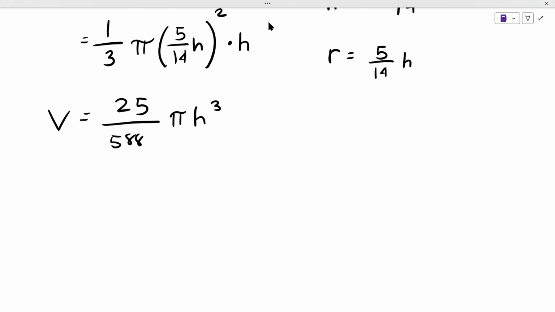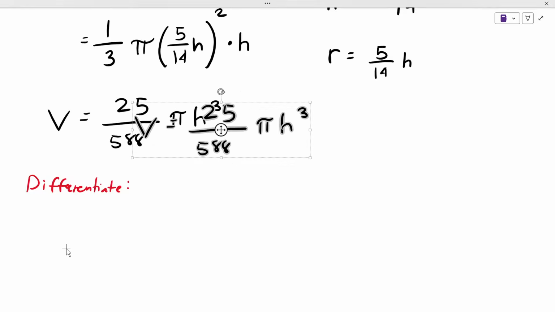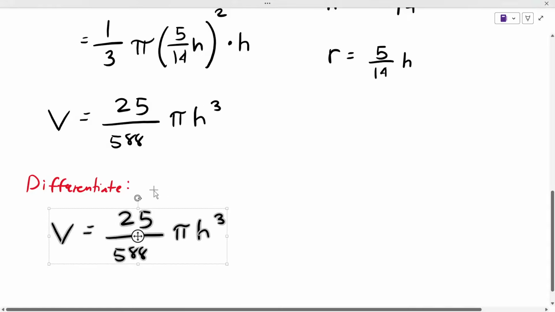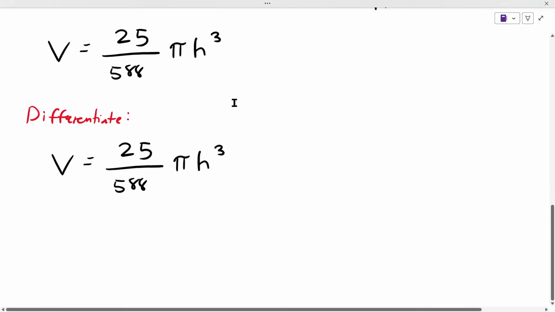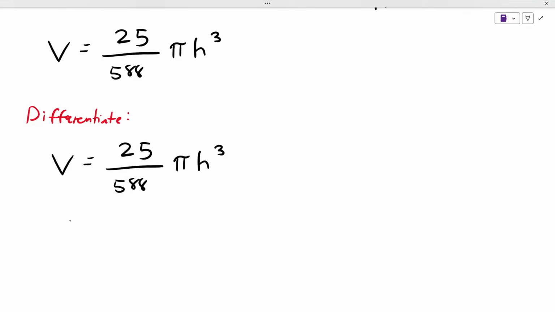Now let's differentiate. Since we're dealing with related rates, we differentiate this with respect to time.